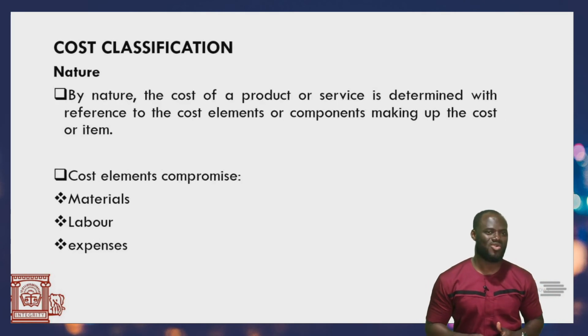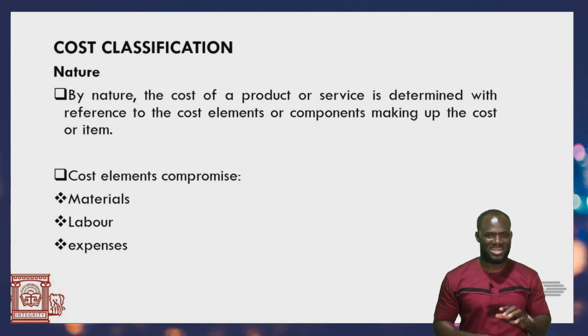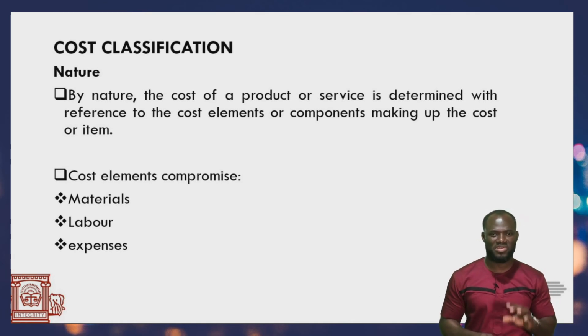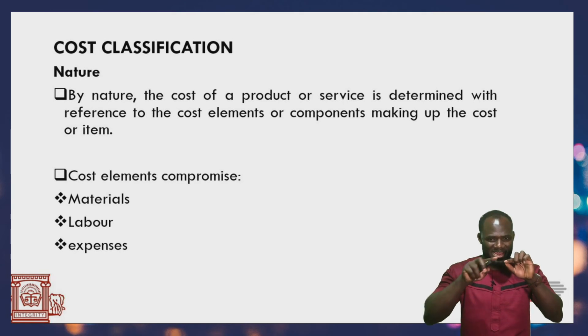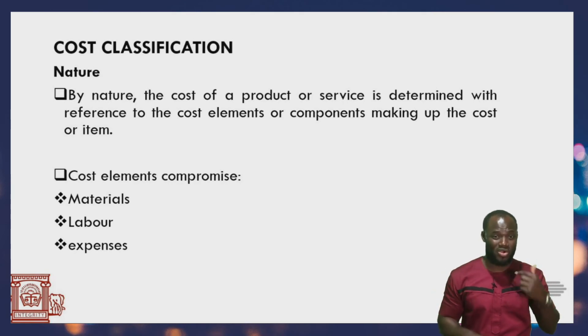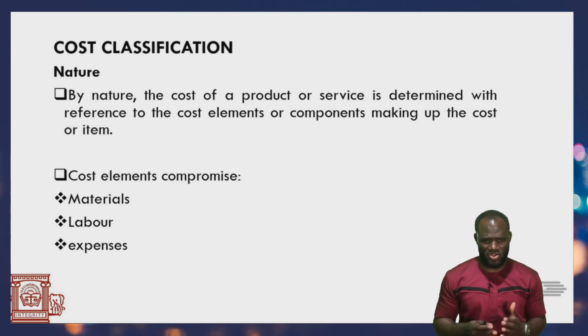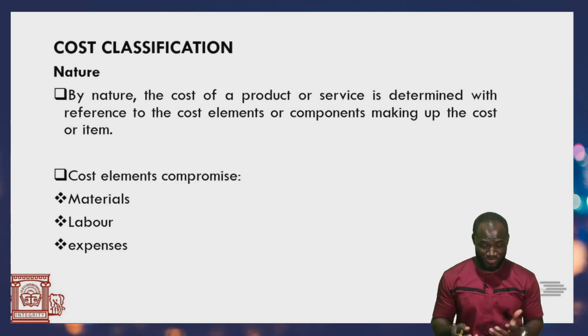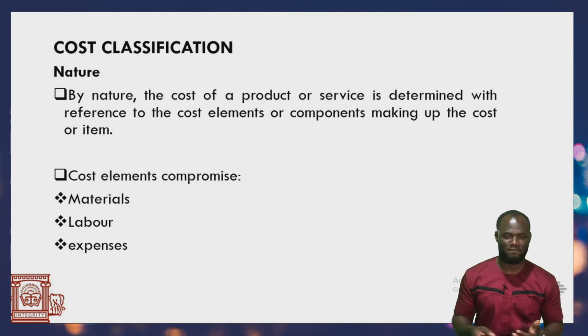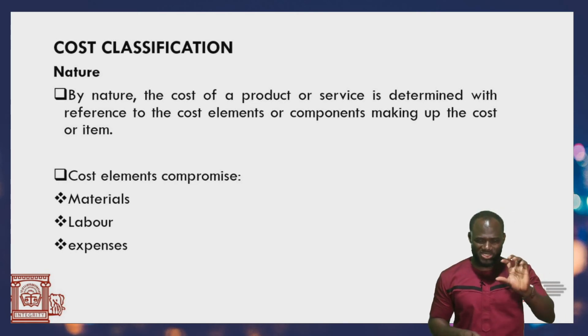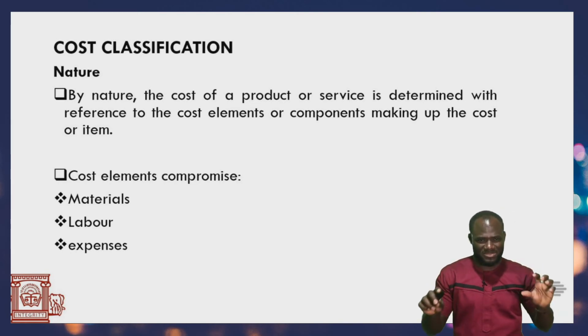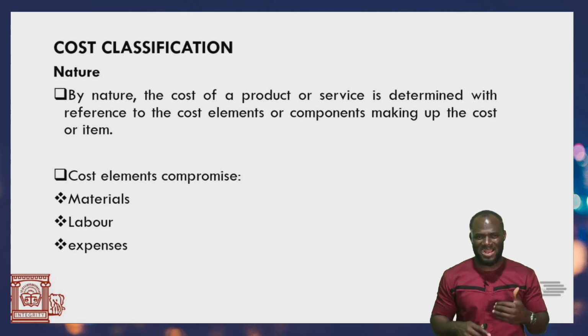Now let's begin with cost classification by nature. By nature, the cost of a product or service is determined with reference to the cost element. So the key phrase here is what cost element. If I want to find, let's say, the cost of a table, and let's assume that the cost of a table is 100 cedis, I want to find out what makes up the 100 cedis.